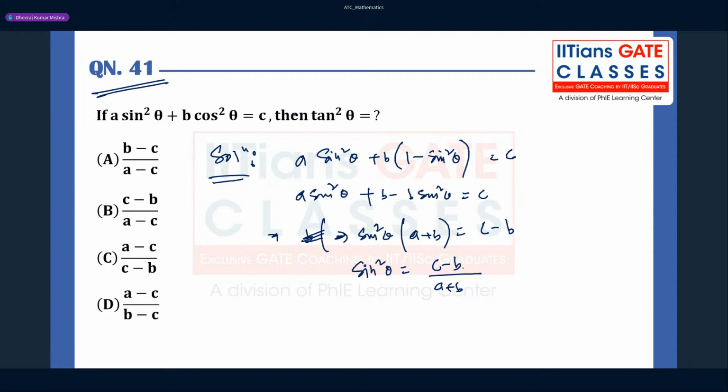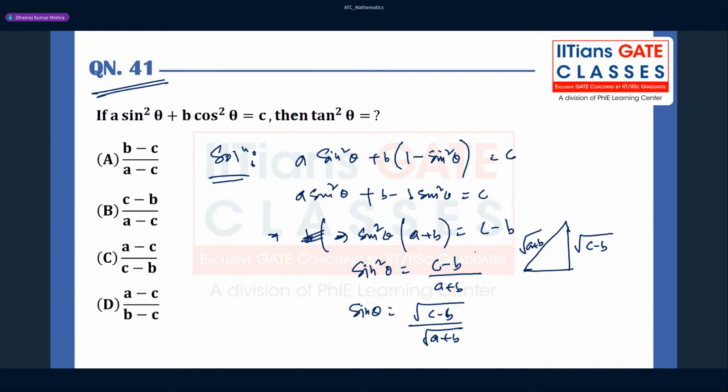Now sine theta you can find out. Sine theta is going to be equal to square root of C minus B upon square root of A plus B. Now you can draw the triangle, and life is very simple then. This side is square root of C minus B, and the hypotenuse is square root of A plus B. So it is certain that the numerator is going to be C minus B only.